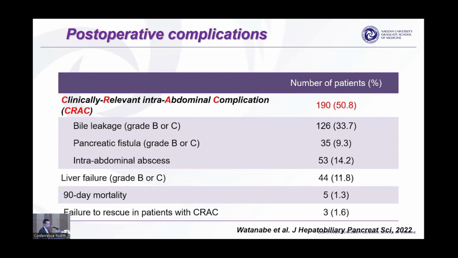Grade B or C liver failure was found in 11% of patients. 90-day mortality was 1.3%, and failure to rescue rate in patients with SSI was 1.6%.